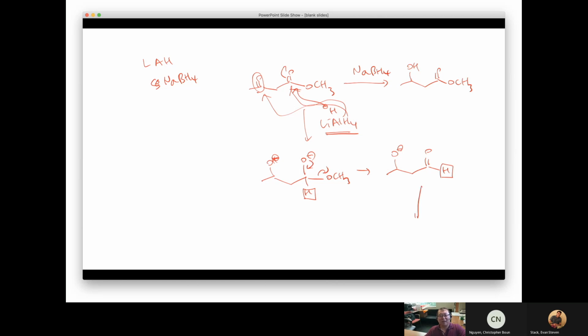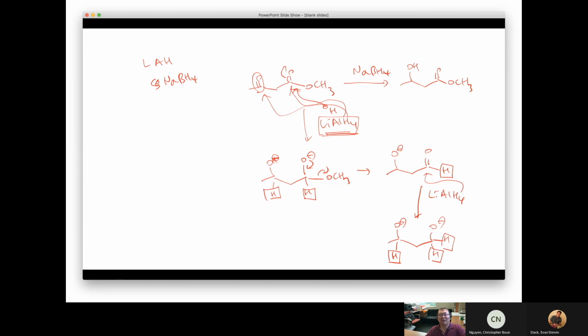But the aldehyde is not safe under such a strong reductive condition. So lithium aluminum hydride, if we add it there, it can react again. So another hydride is added there. Then two hydrides are added. These two hydrogens are added from two lithium aluminum hydrides, and obviously this hydrogen is also added by lithium aluminum hydride too.